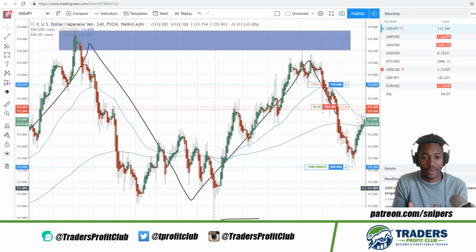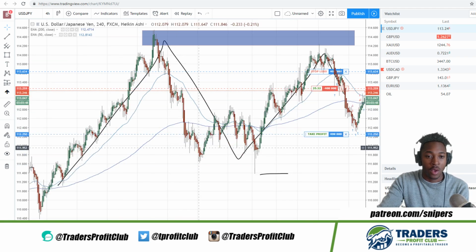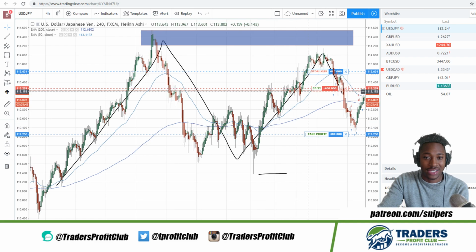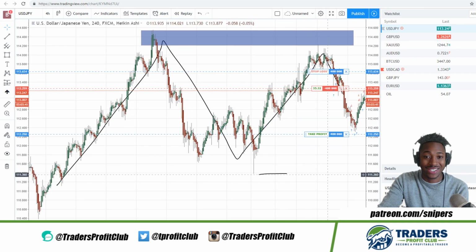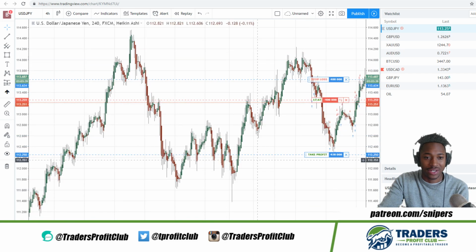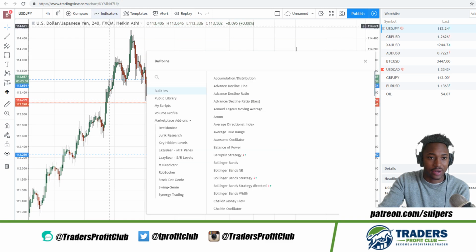We have to look at both the ceiling and the floor, because then we can see where price is going to go from that direction. Price consolidated here and then tried to retest that previous high. Once it did that, let me put on the indicators.